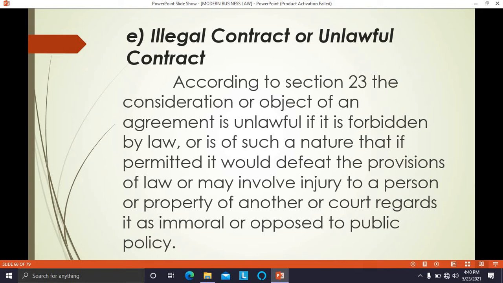Law prohibits it, law opposes doing something, or it is of such a nature that if it is permitted, it goes against the provisions of existing law, or the object or consideration is regarding causing injury to a person or property of another, or the court considers it immoral or opposed to public policy, such a contract is called an illegal contract or unlawful contract.